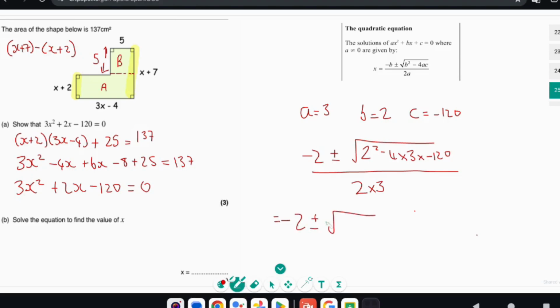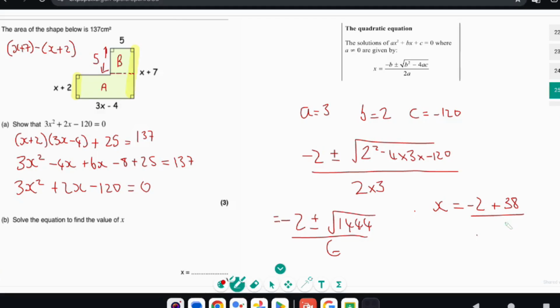Under the square root we have 1,444, which hopefully square roots, yes it does, to give us 38. So one of our answers is, I'm just going to write it like this because I've worked out square root of 1,444 is 38. So that's one of our answers.